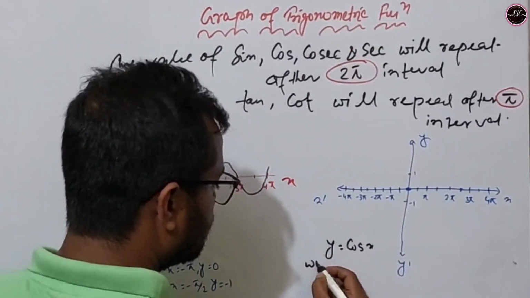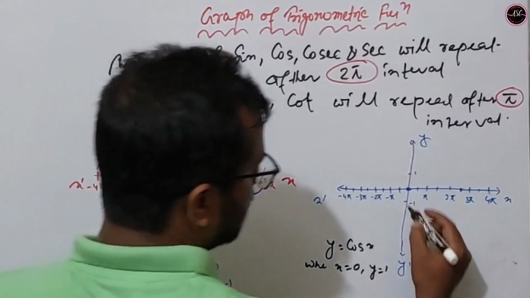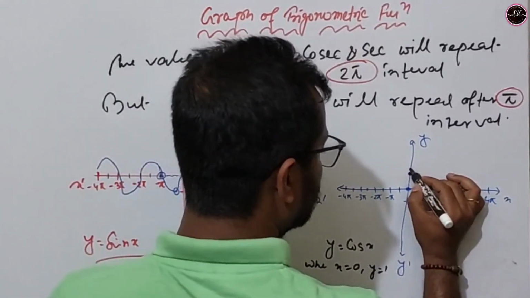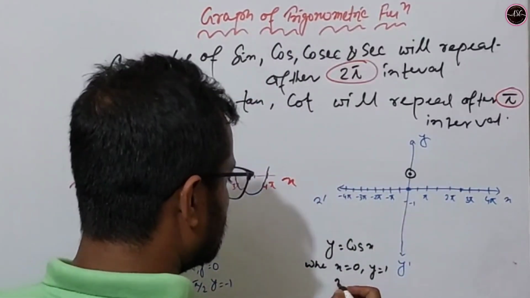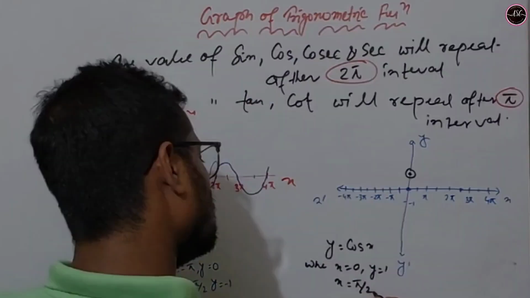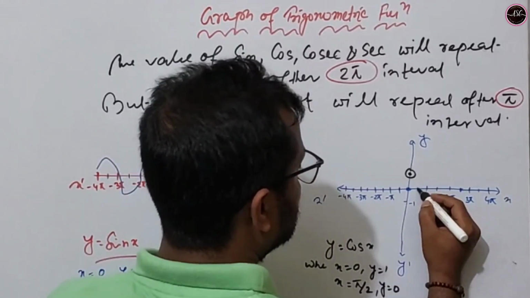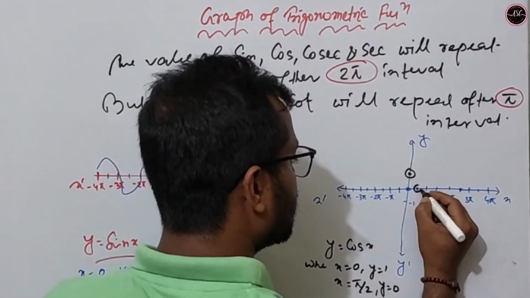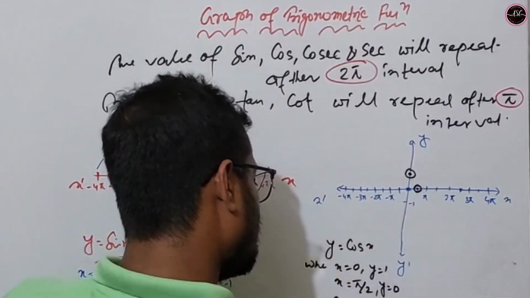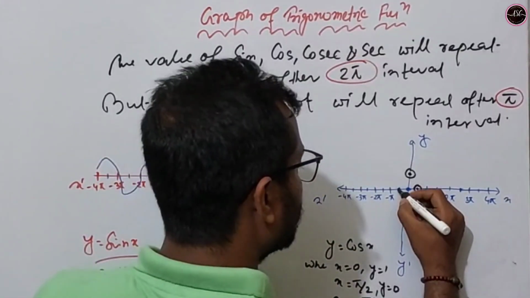When x equal to 0, y equal to 1. That means x equal to 0, y equal to 1. This point. Okay. Now x equal to pi by 2, y equal to 0. That means x equal to pi by 2 and y equal to 0. That means this point. And x equal to minus pi by 2, y equal to also 0. That means this point. Okay.